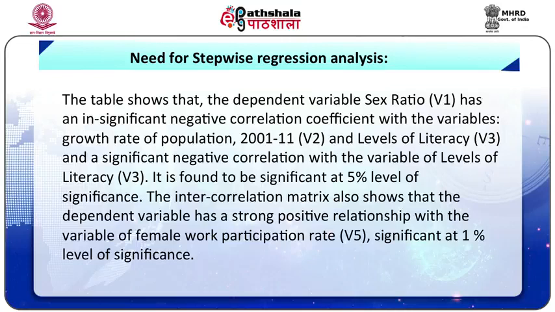It is found to be significant at the 5% level of significance. The intercorrelation matrix also shows that the dependent variable has a strong positive relationship with the variable of female work participation rate, that is variable 5, significant at the 1% level of significance.